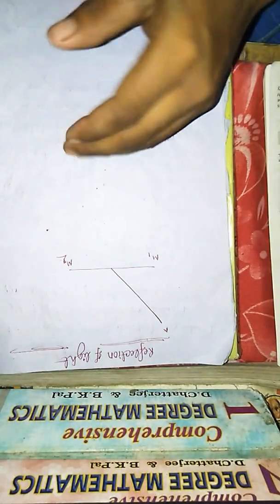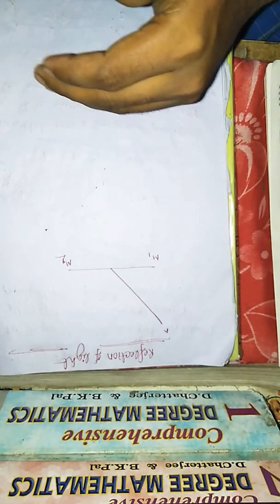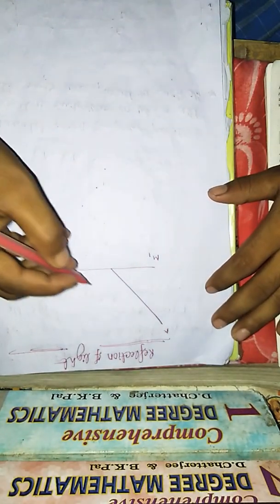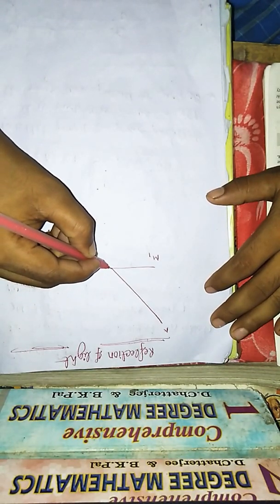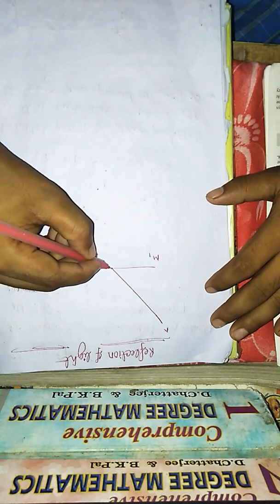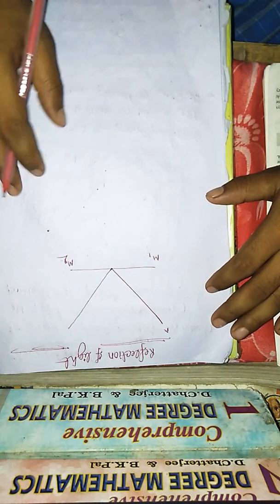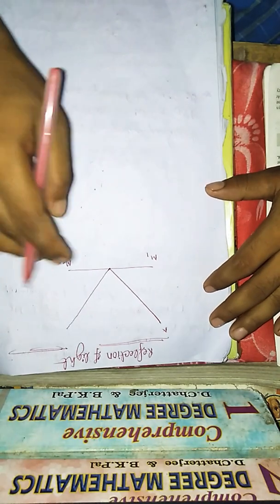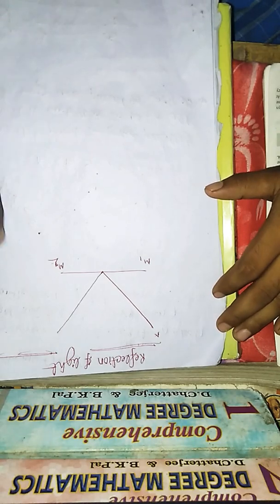But because this surface is present here and light is striking on this surface, then a part of this light will be returned to the same medium again. Why did I say the same medium or the opposite medium?